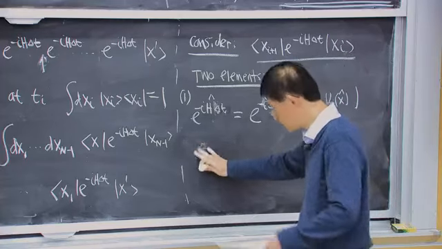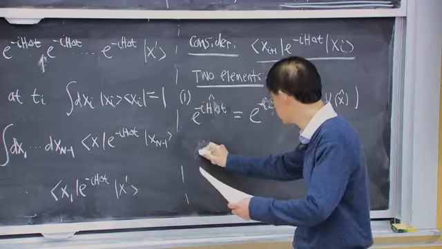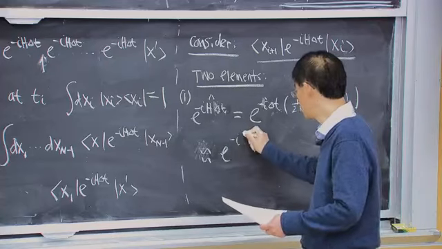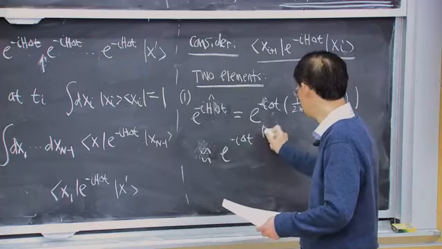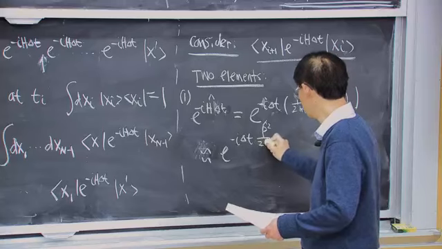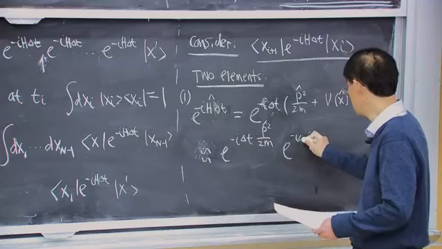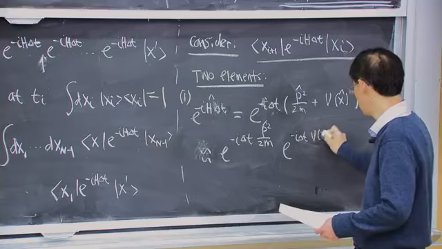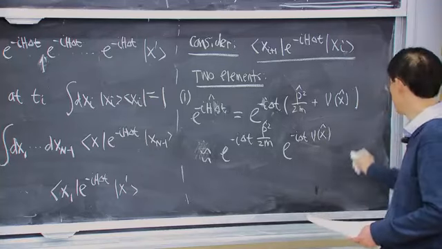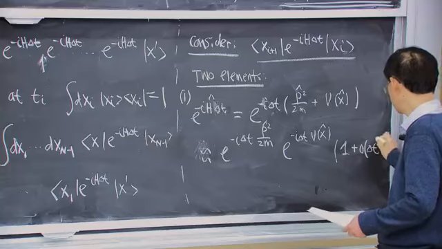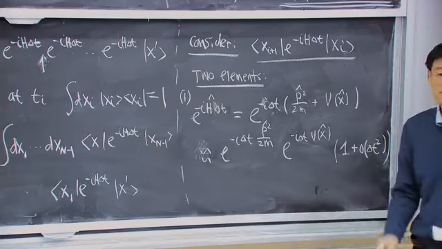We can say this is approximately equal to exponential of minus i delta t p hat squared over 2m, and the exponential of minus i delta t v hat of x. And the only corrections are order delta t squared.